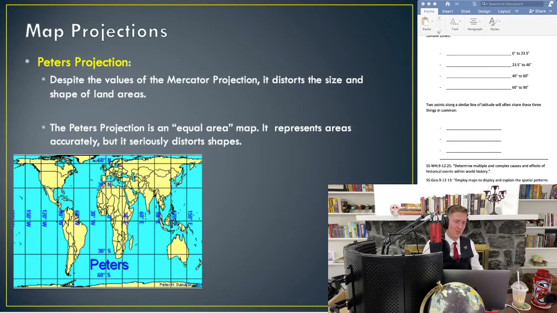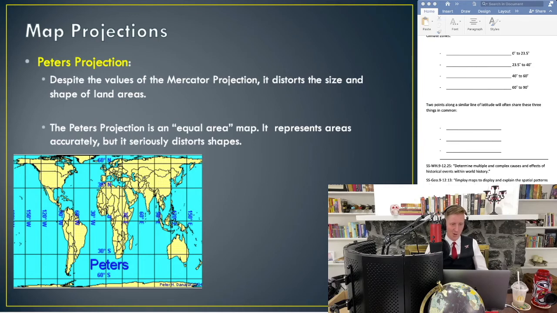Other types of projections you can have, like the Gall-Peters projection. This one is kind of like the Mercator, but it distorts it. So I was talking about how the equator is perfect, and you get far away to the poles, and the Mercator gets bad. The Gall-Peters tries to compensate for that by kind of scrunching together the equator and elongating the poles. So the space is accurate, like the mass area is accurate, but the shape is definitely out of whack.